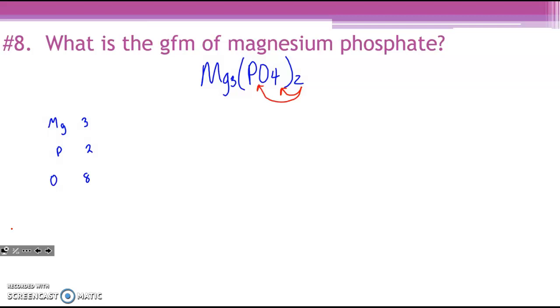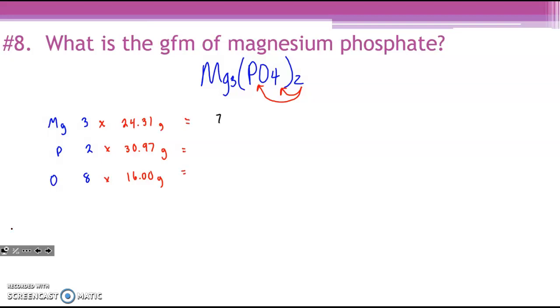We multiply those together. We're going to multiply the mass, 24.31. Phosphorus is 30.97, and 16.00 grams for oxygen. These are all grams.